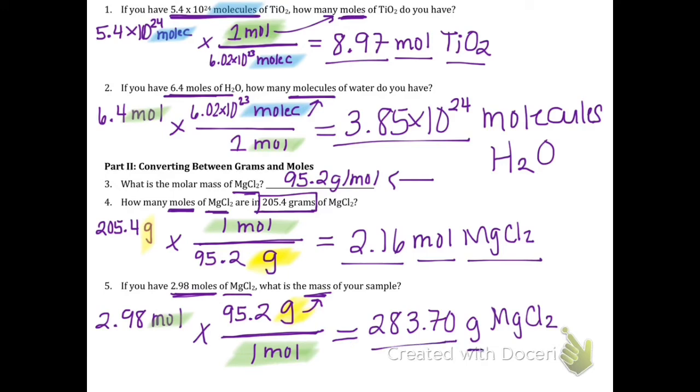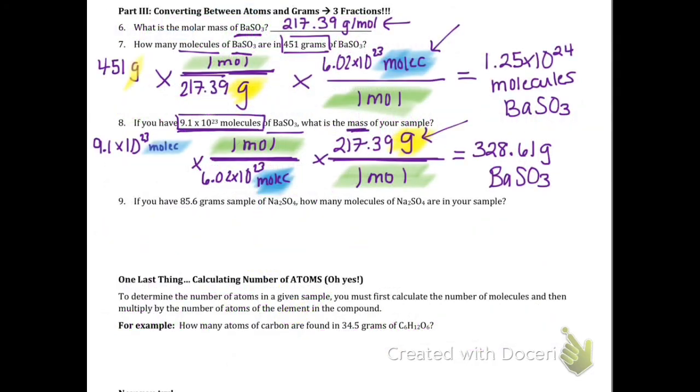Number, unit, substance. All right, so here we have 85.6 grams. That's a number, so I'm going to go ahead and write it down. 85.6 grams. Okay, and it wants to know how many molecules.